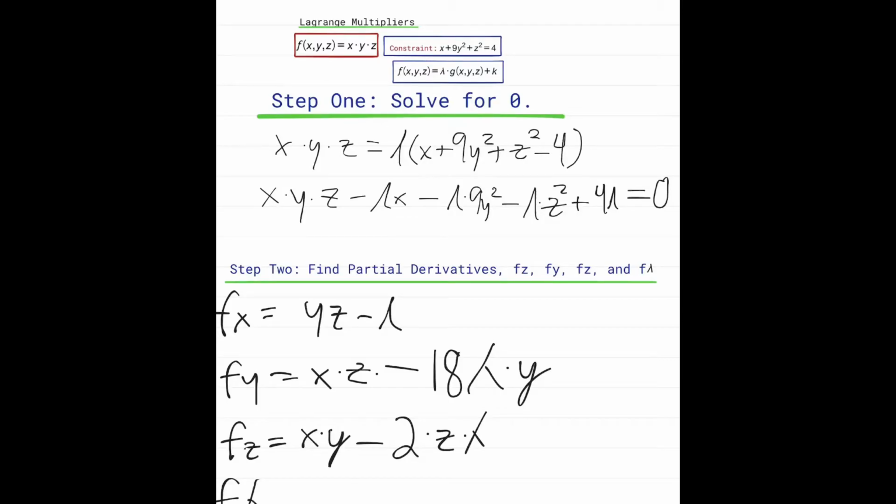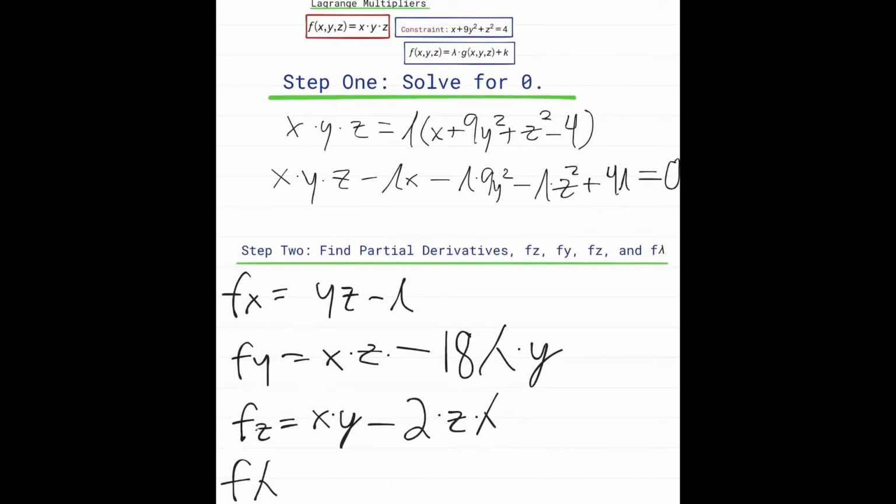And now the partial derivative with respect to lambda: anywhere we see lambda, we take the derivative with respect to lambda. So that would be xyz minus x minus 9y squared minus z squared plus 4. The derivative of 4 lambda with respect to lambda is just 4. So those are our partial derivatives.